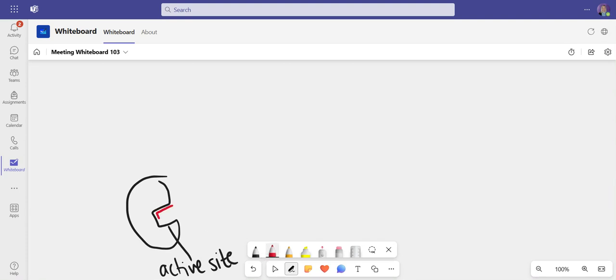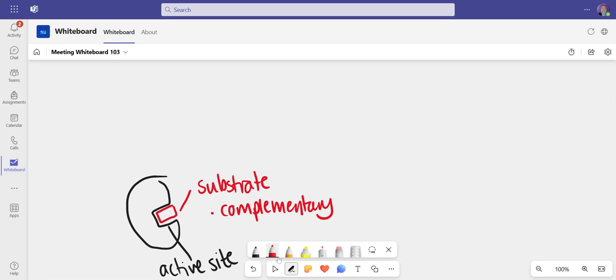And then we've got a substrate that has a shape that's complementary to the active site.